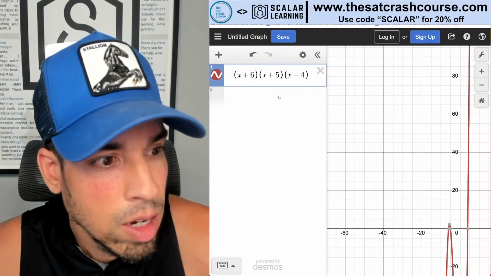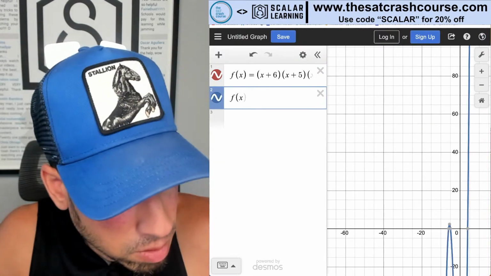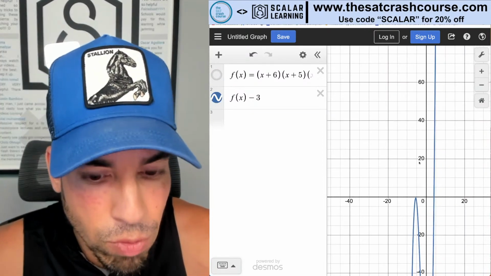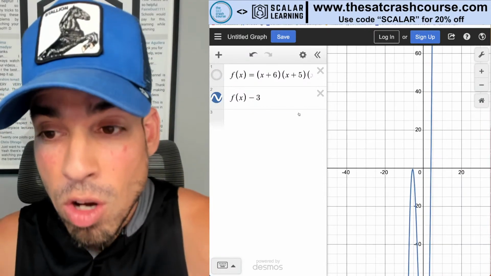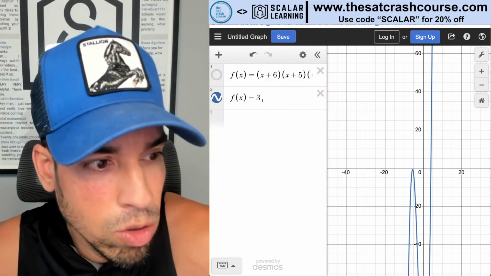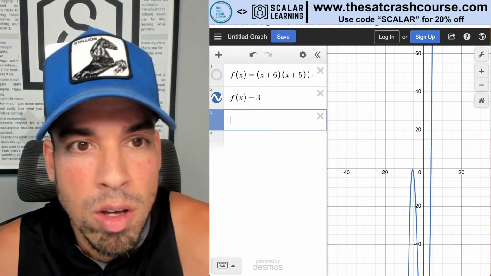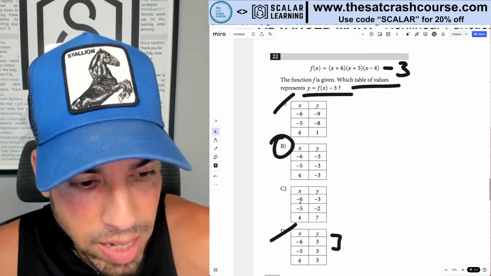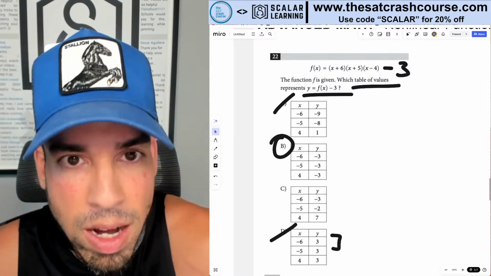Yeah. And then next, I want f of x minus 3. So my blue function is the transformed function. I didn't even have to know how it comes together in this equation, anything like that. All I know is I got a correct equation here. Then I can go back and say, all right, I know they're all looking for x equals -6, x equals -5, whatever.